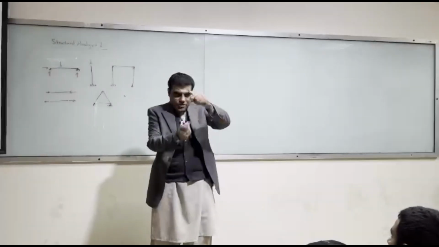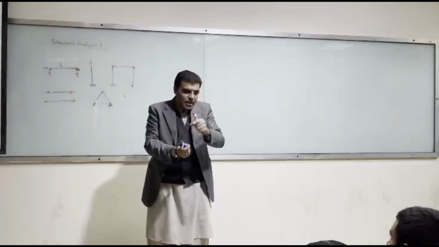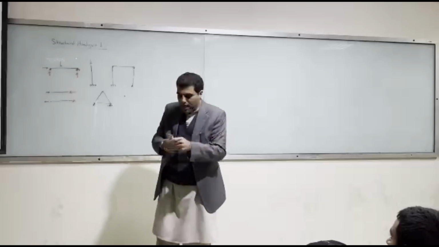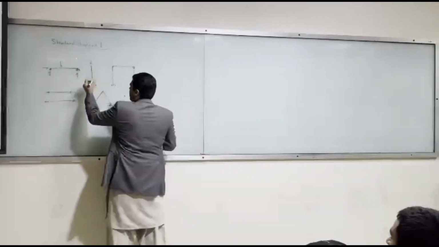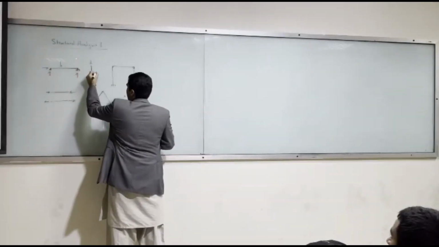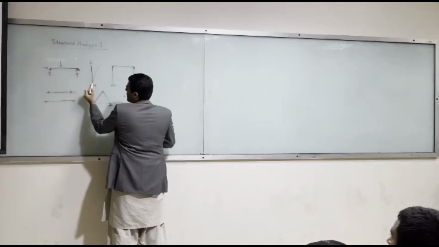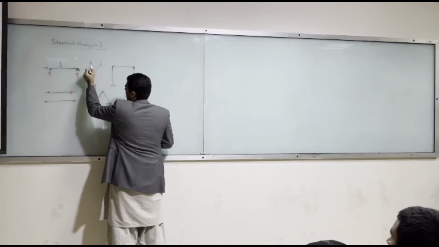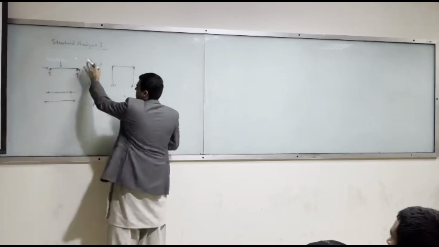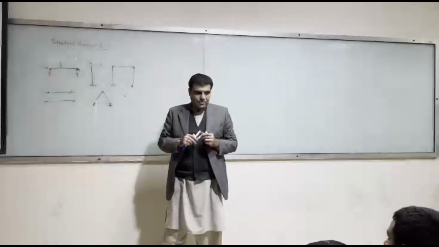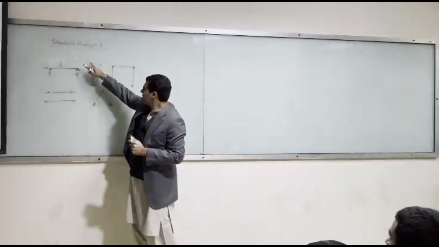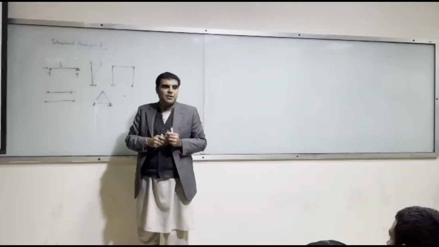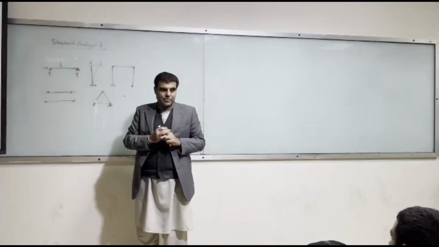If the column is straight and you have load running into it, it's just a strut, nothing else. But if it buckles like this, then this P, corresponding to this deflection, will have moments. This P times this deflection gives you moment. So therefore this column will have moments also in it. Do you understand my point?